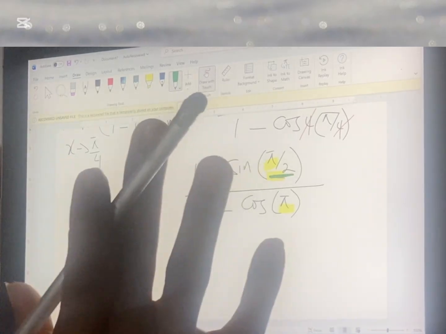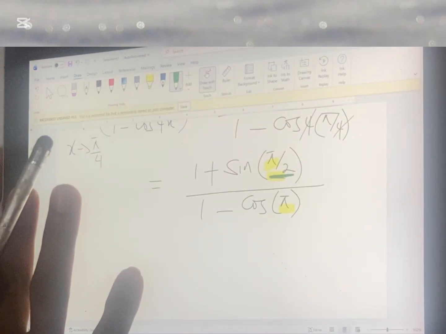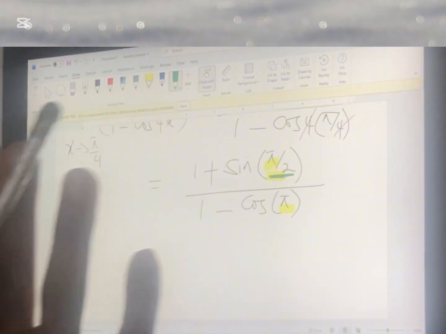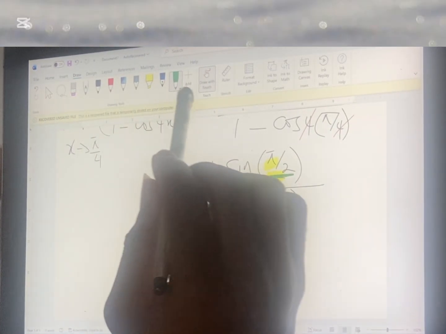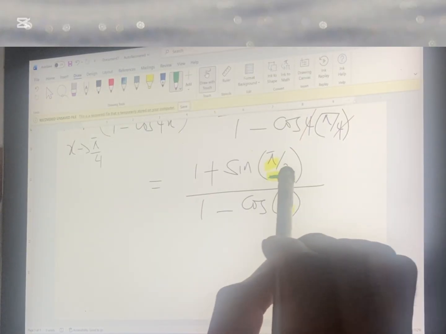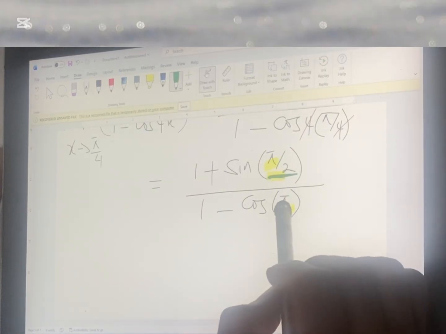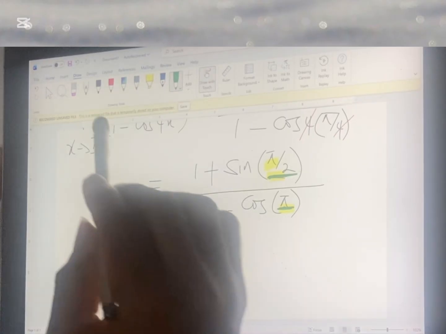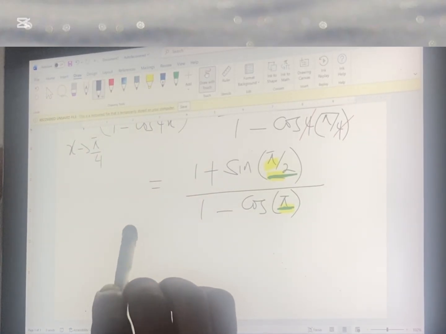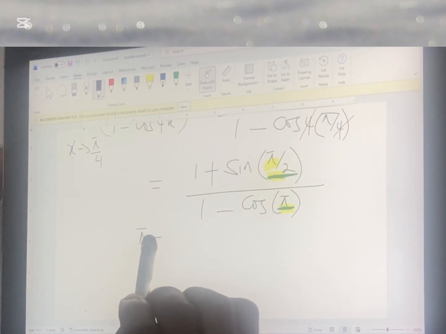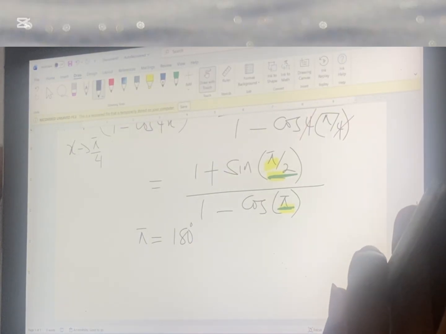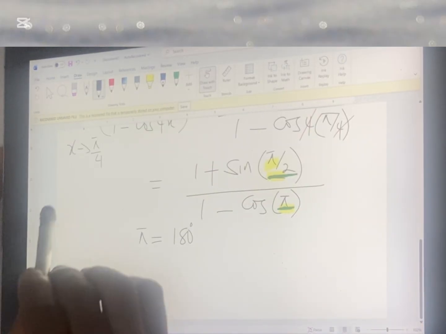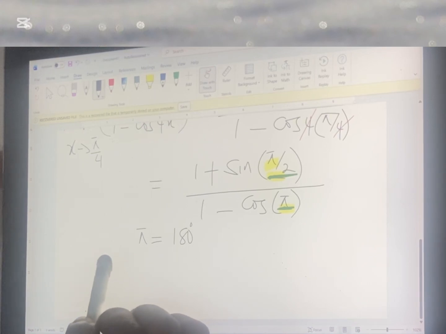But if the pi is not at the front of trig, that means pi is acting as a constant and the value is 3.142. So this pi here is acting as an angle. It's at the front of this trig here, that is sine, and at the front of this trig here, that is cosine. That means we take our pi at this point to be equal to 180 degrees. Please take note.